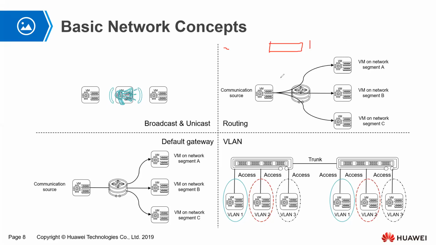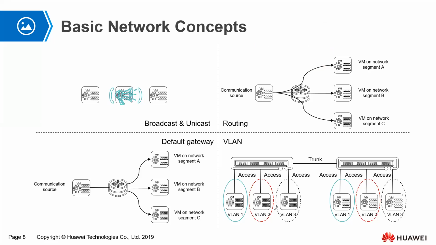And that's why the architects decided to come up with this technique, the virtual local area network, to help us subdivide this one huge gigantic network into logical networks. Physically, they could all be connected to the same switch, but now they're divided into different logical networks.